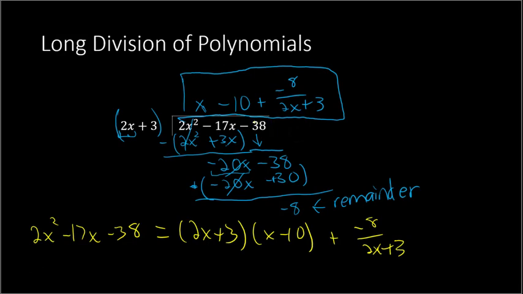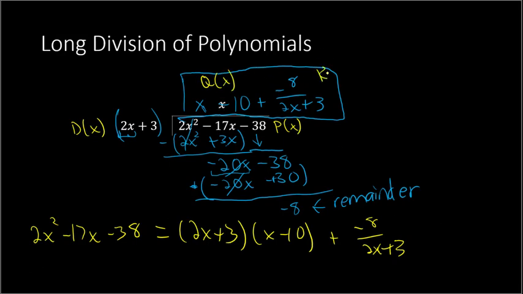So in other words, just in general, if this polynomial here is p of x, and this is your divisor, we'll call this d of x, d for divisor, then that equals the quotient, q of x, plus the remainder.